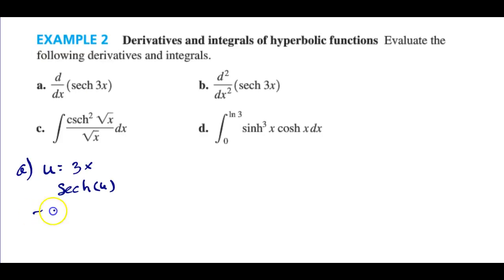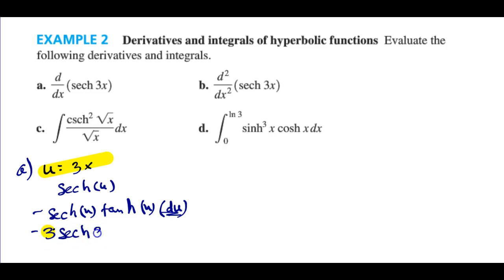So I'll grab it: negative hyperbolic secant u, hyperbolic tangent u, and then I have to remember du, because I did a u sub. The derivative of 3x is just a 3. I'll pull that out front. So it's going to be negative 3 hyperbolic secant 3x hyperbolic tangent 3x, and then the du I threw out front.